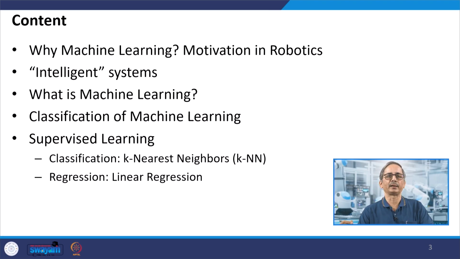Initially, we will see why we should use machine learning in robotics, what intelligent systems are, then we will define machine learning, and further we will see the classification of machine learning. As I said in the previous slide, we will see in detail the supervised learning, and the two types of supervised learning, which are classification, that is the k nearest neighbor, and regression.